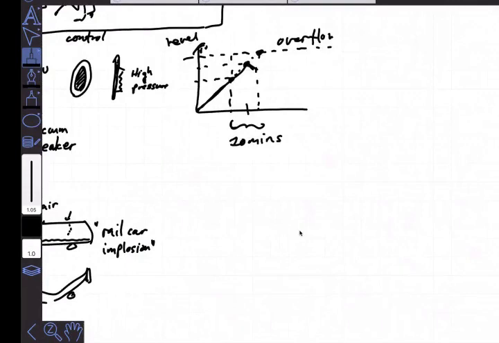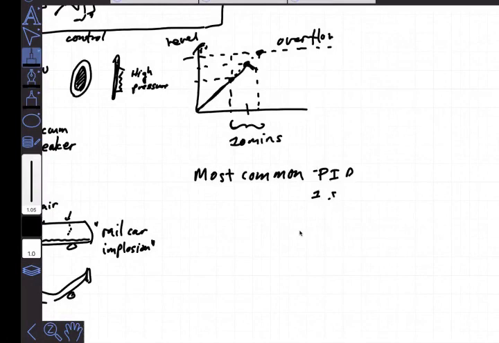The most common PID settings are 1, 1, 0, and the reason for that is because those are the defaults, right? And too many alarms.